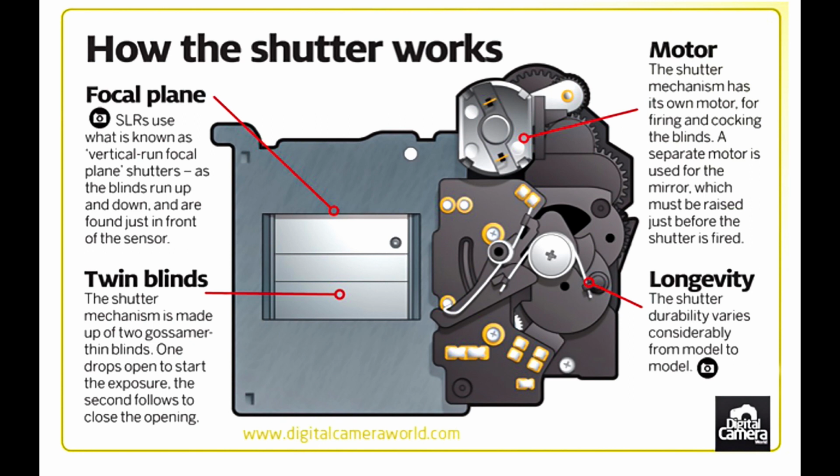One drops down to start the exposure, and the second follows to close the exposure. It depends on how fast that moves and how much light it lets in. The faster that moves, the less light it's going to let in. I think this is a very good image from Digital Camera World to show you how the shutter works.